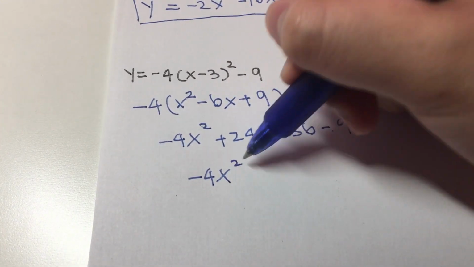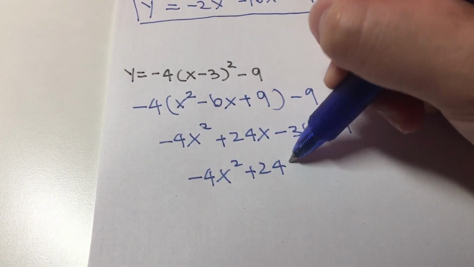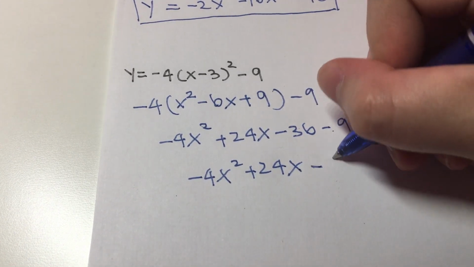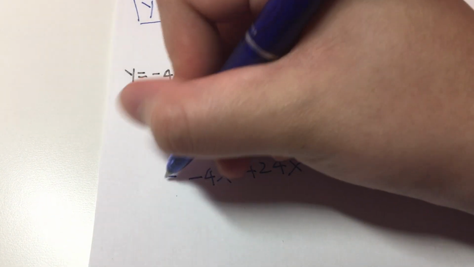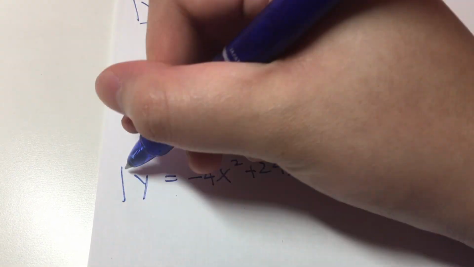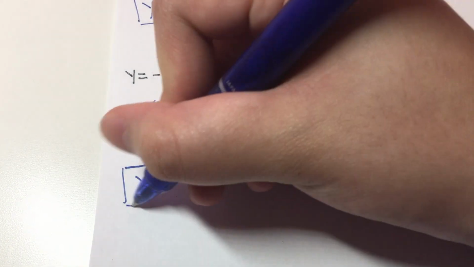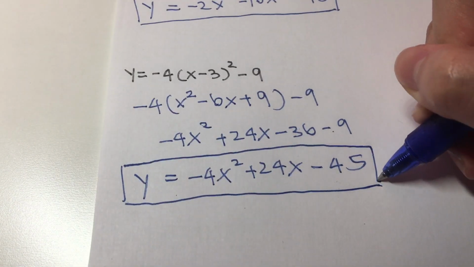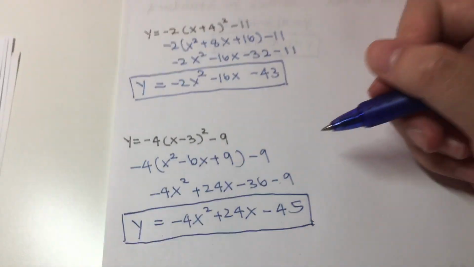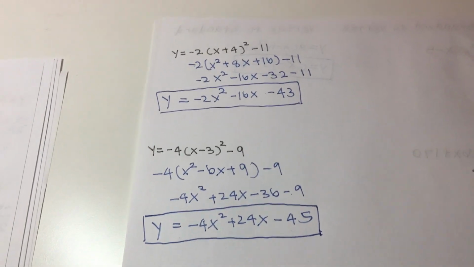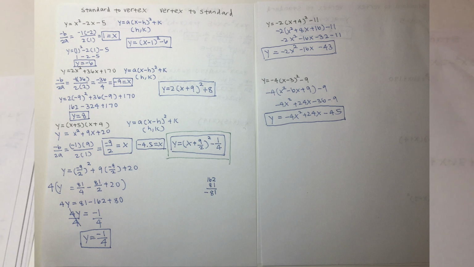And we rewrite this part. And negative 36 minus 9 is negative 45. So this is our standard form equation, and also our answer. So that's basically all. It's pretty easy compared to the conversion from standard to vertex.